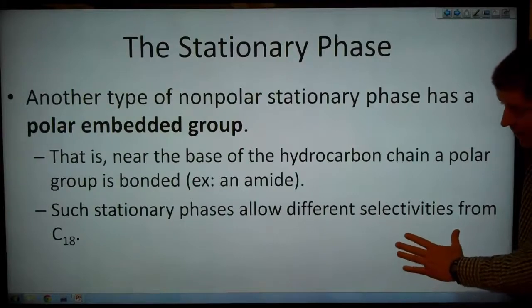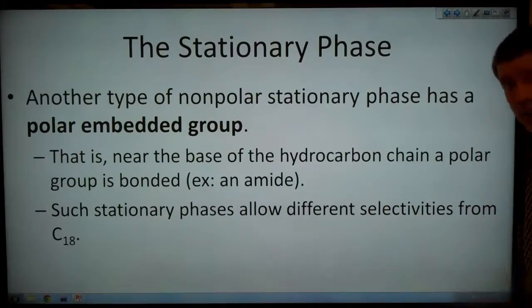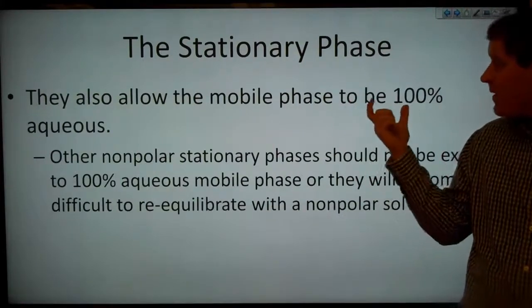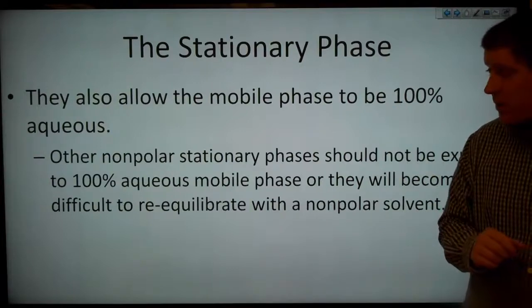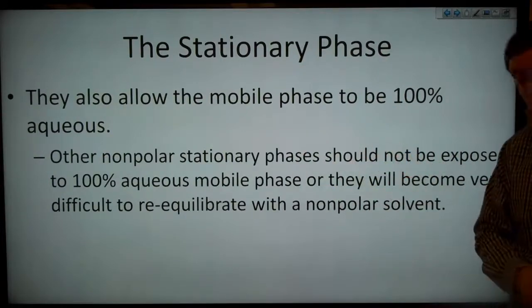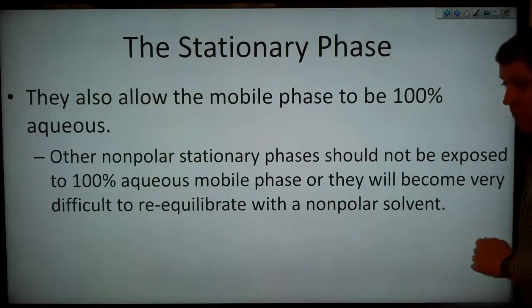Such stationary phases allow different selectivities from our C18, our octadecyl stationary phase. They also allow the mobile phase to be 100% aqueous, whereas other nonpolar stationary phases should not be exposed to 100% aqueous mobile phase, or they will become very difficult to re-equilibrate with a nonpolar solvent.